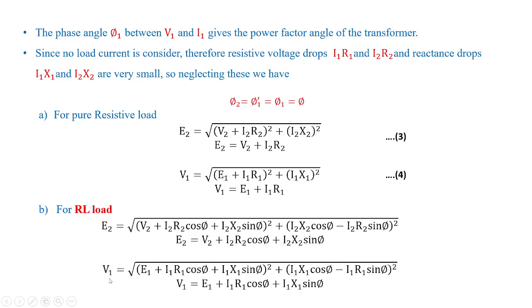Similarly, the input voltage V1 will be equivalent to E1 plus I1 R1 cos phi plus I1 X1 sin phi. These two equations we treat as equation 5 and equation 6. You have to keep in mind that for RL load, E2 in terms of V2 and the drops, and similarly the input voltage V1 equal to E1 plus drops, will be in positive notations.